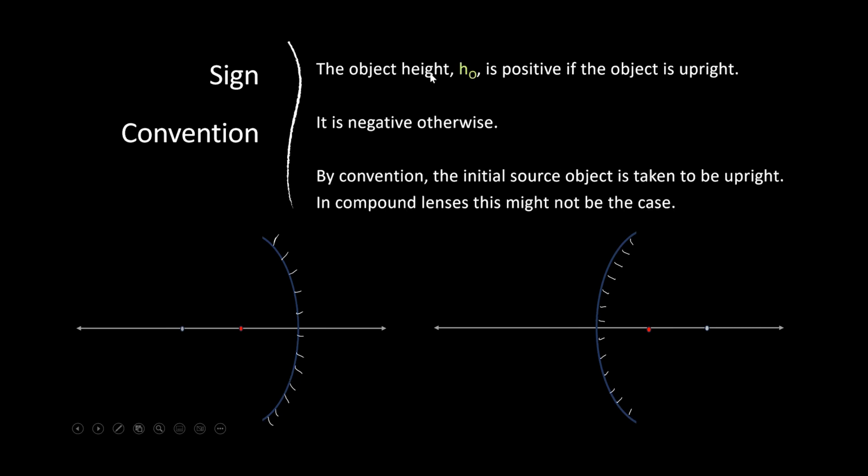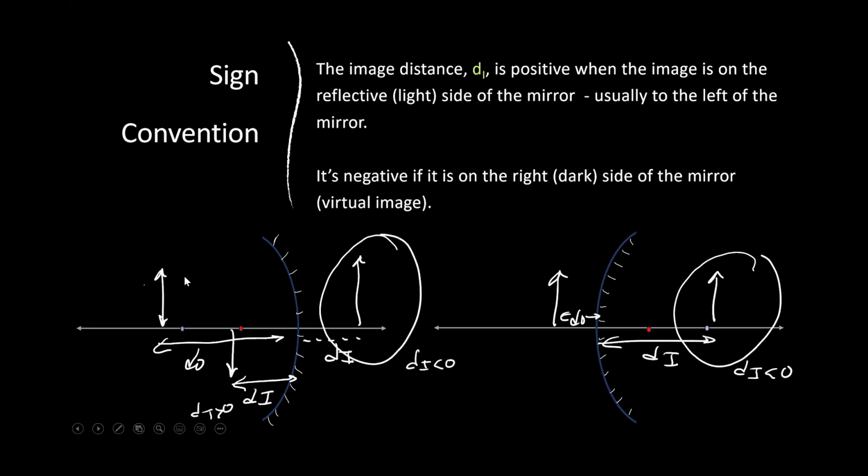Again, same as before. If the object is pointing up, HO is positive. If the object is pointing down, maybe here, it's negative. But for our convention, we always take our HO pointing up if we have just one single mirror. But if you have a compound system like a lens and a mirror, the object may be pointing down, as I illustrated maybe here.